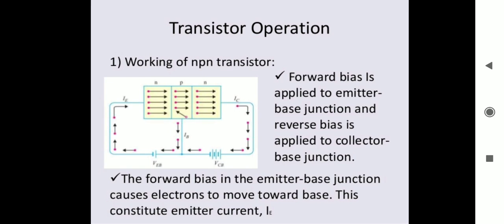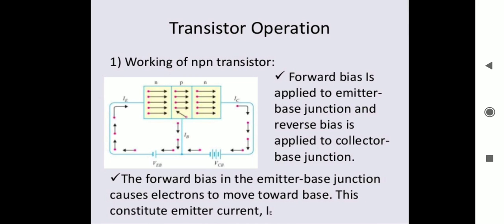This constitutes the base current IB. Thus, the base current flows due to recombination of electrons and holes. Base current is therefore small compared to the emitter current, up to 2% of total emitter current.